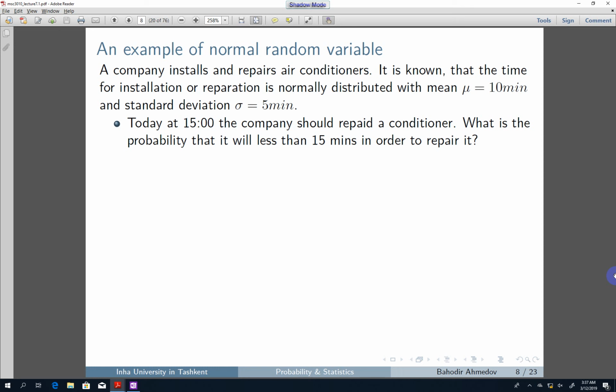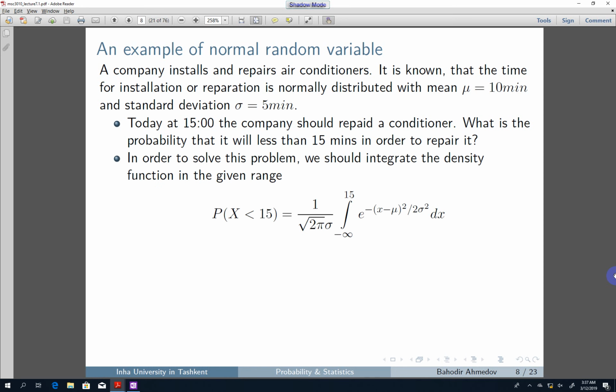To find the probability, we need to integrate the density function over the interval, right? From where to where? From 0 to 15. In the slides there is a typo; it should be integration from 0 to 15. So the probability that it will take less than 15 minutes is this integration.